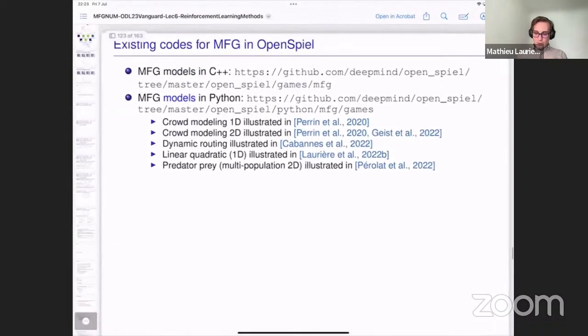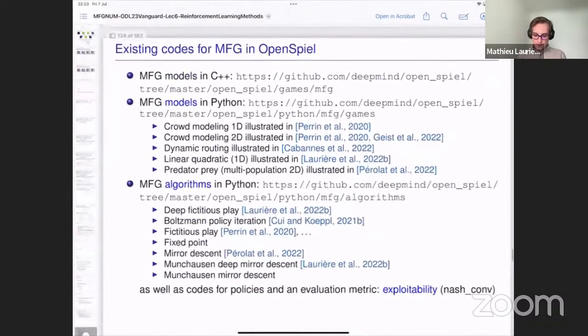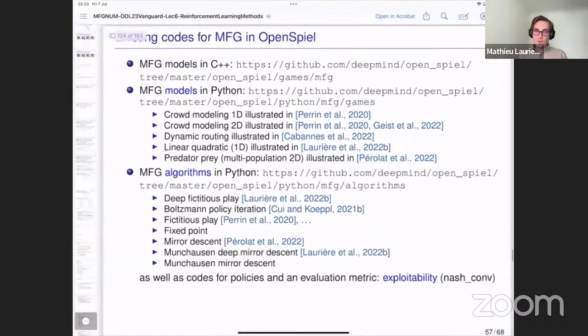So there are already several examples. So maybe the best thing is you can take a look at these examples, including crowd modeling in 2 dimensions, as I was saying, dynamic routing, linear quadratic, and predator-prey, which is a multi-population example. There are several algorithms, including some algorithms without reinforcement learning.